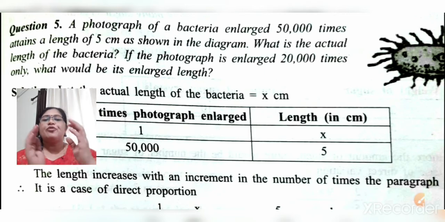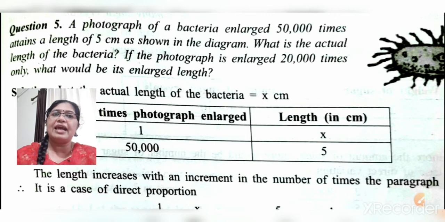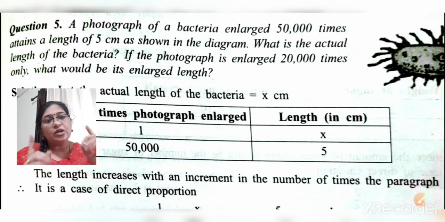So, the photograph of the bacteria is enlarged 50,000 times. When the photograph of the bacteria is enlarged 50,000 times, then the length of the bacteria is 5 centimeter. The question is, what is the actual size? It is enlarged only one time. That is the actual size.